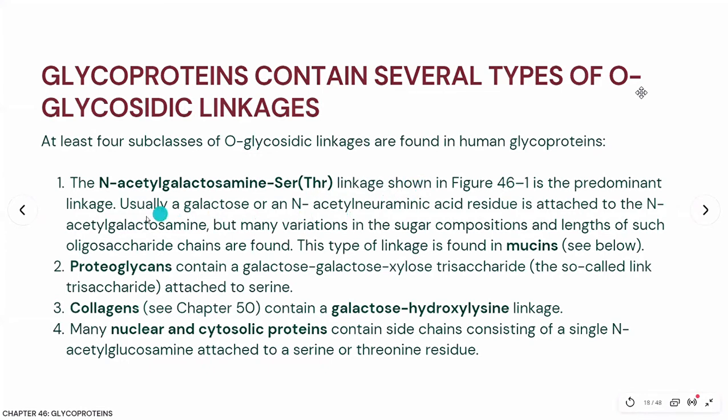It's the predominant linkage, usually galactose or an acetylated neuraminic acid attached to the acetyl galactosamine. This type of linkage is found in mucin. You remember that mucin?